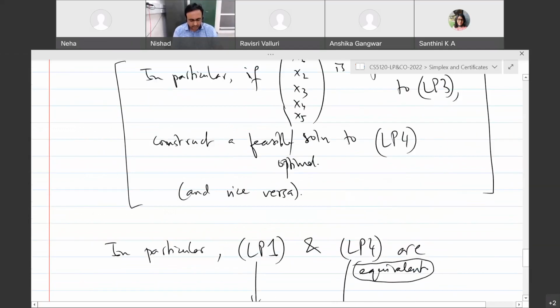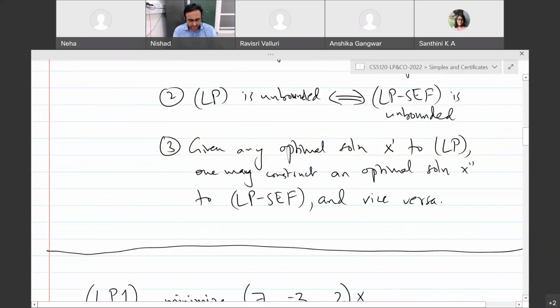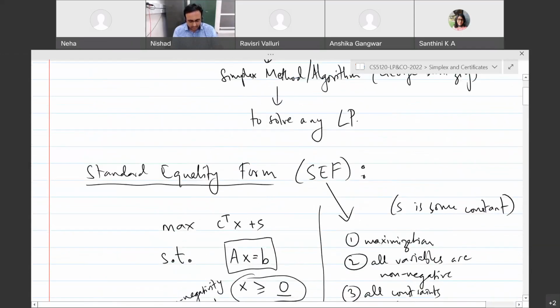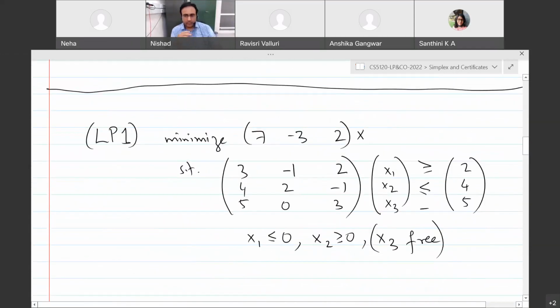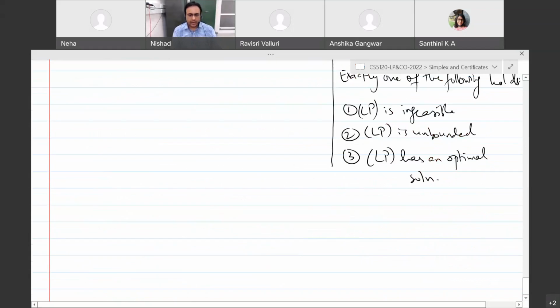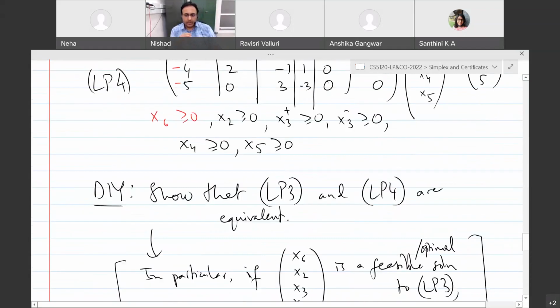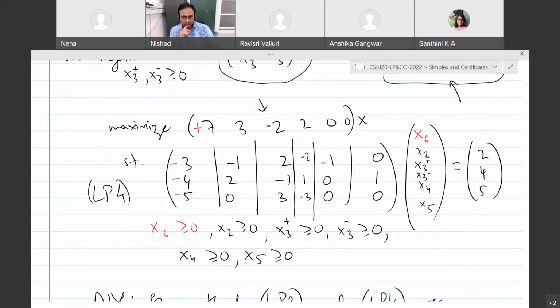So we started with an arbitrary linear program, which had all sorts of strange things going on, right? All sorts of inequalities were there, and we transformed this into a linear program in standard equality form. We followed a bunch of steps, and using these steps, you can convert any arbitrary linear program to a standard equality form linear program, which will be equivalent to the original linear program.